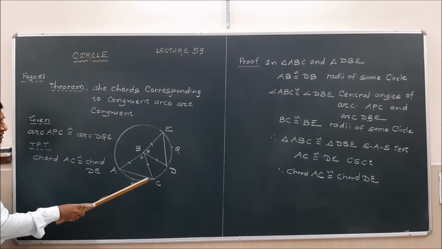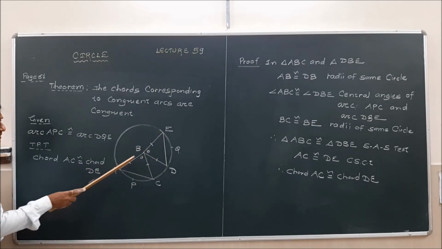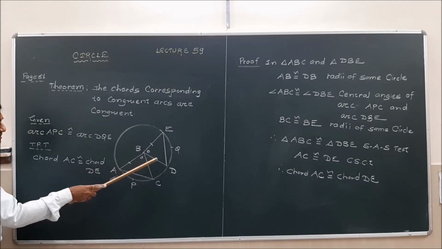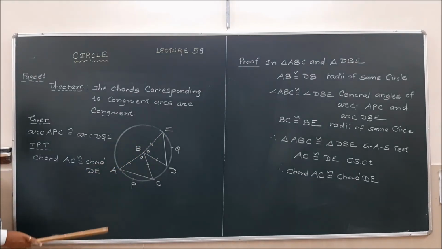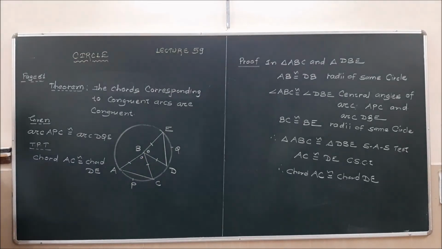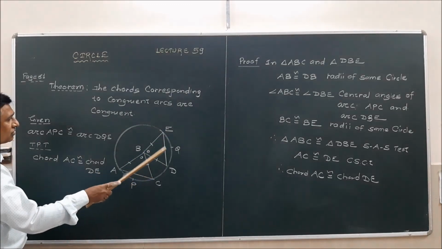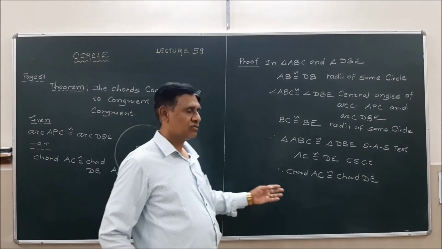Therefore, triangle ABC is congruent with triangle DBE by side angle side test, and hence you will be getting AC congruent with DE, corresponding sides of congruent triangles, and therefore chord AC is congruent to chord DE. That is what we have to prove.